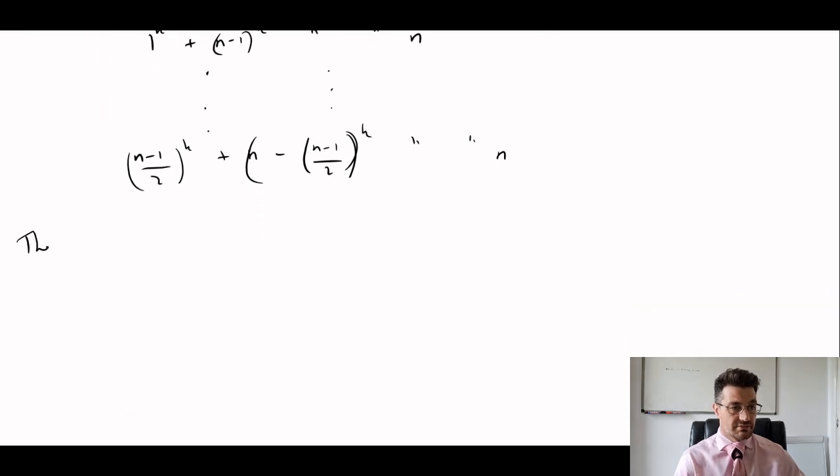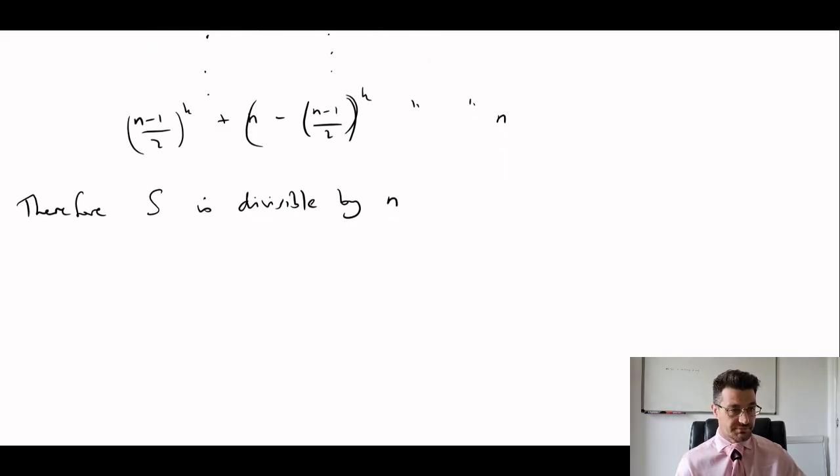So therefore, s, being the sum of these pairs of numbers, is divisible by n. Okay? Simple.